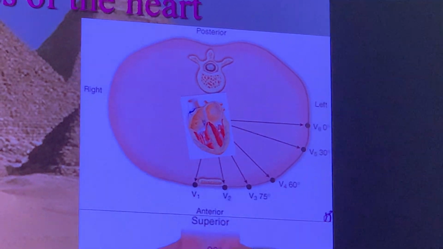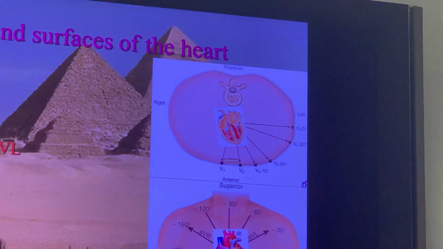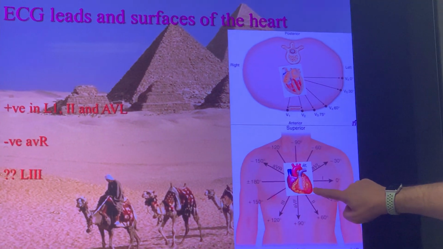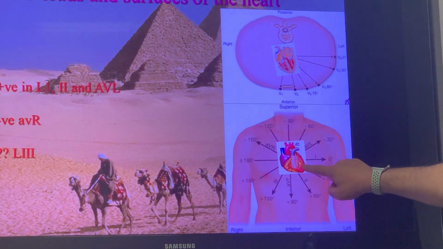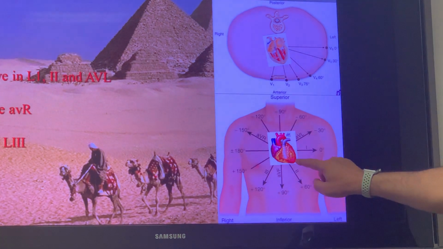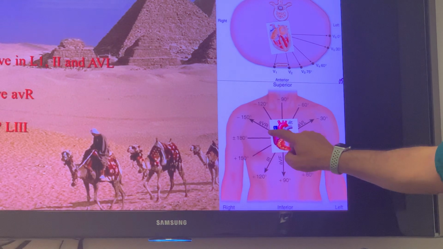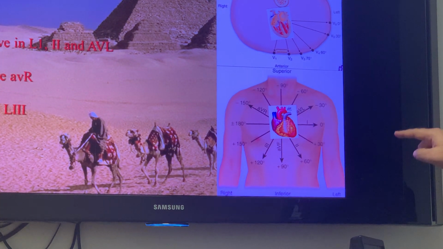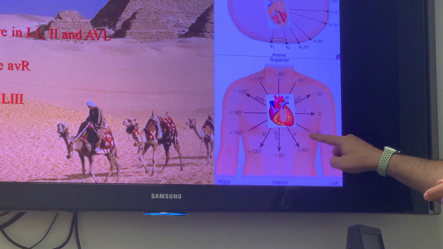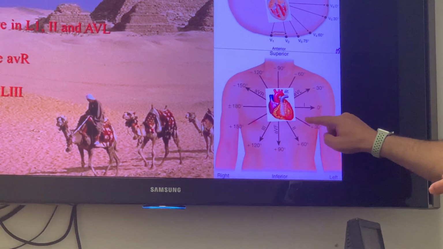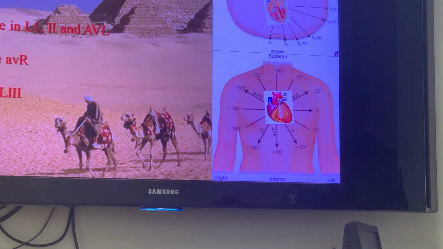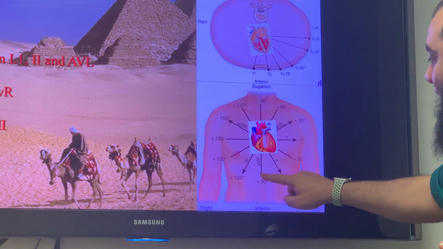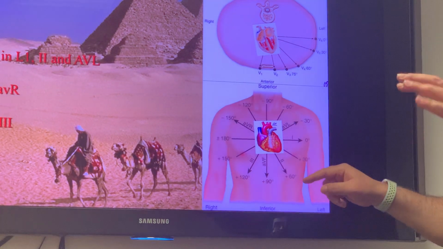Is that okay? If we come to the limb leads, aVR usually records the heart from this side, and the left ventricle is on that side. The wave is here, so expect aVR to have T wave inversion because it is away from it. But lead 1, lead 2, and aVL are all in the direction of the left ventricle, so I expect them to be positive. aVF and lead 3 are variable.